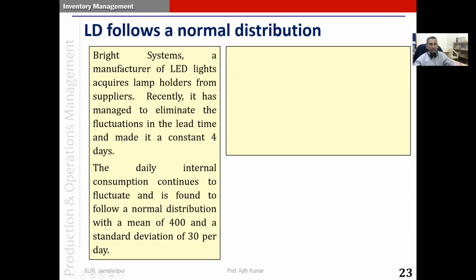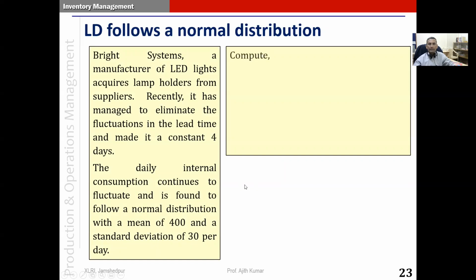So here we have a company called Bright Systems, a manufacturer of LED lights, which acquires lamp holders from its suppliers. Recently, it has managed to eliminate the fluctuations in the lead time and made it a constant of 4 days. The daily internal consumption continues to fluctuate and is found to follow a normal distribution with a mean of 400 and a standard deviation of 30 per day.